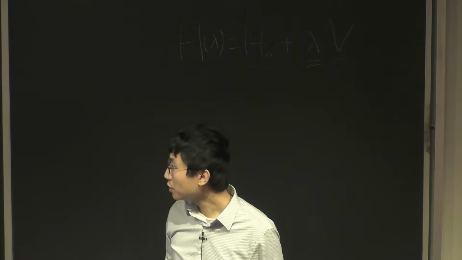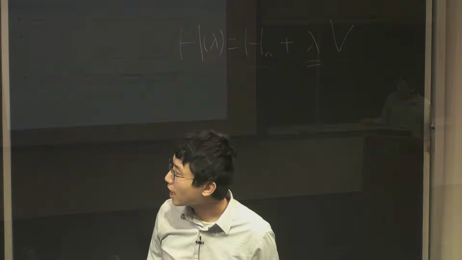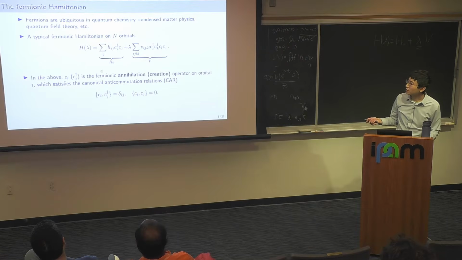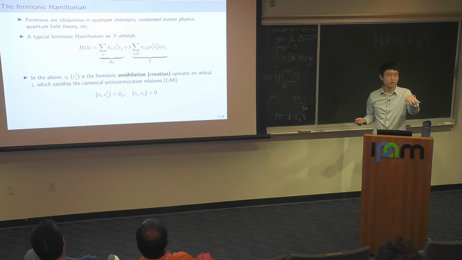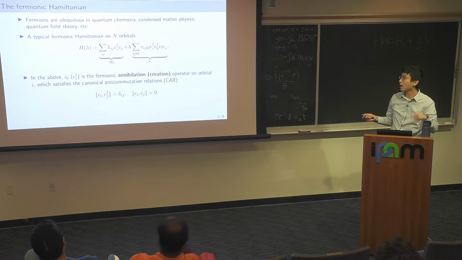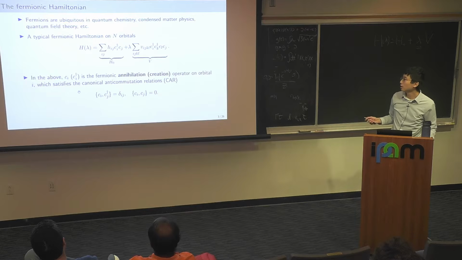Here, the operators Ci and Cj dagger are the fermionic annihilation and creation operators. Ci corresponds to annihilating a fermionic particle on orbital i. Cj dagger corresponds to creating a fermionic particle.